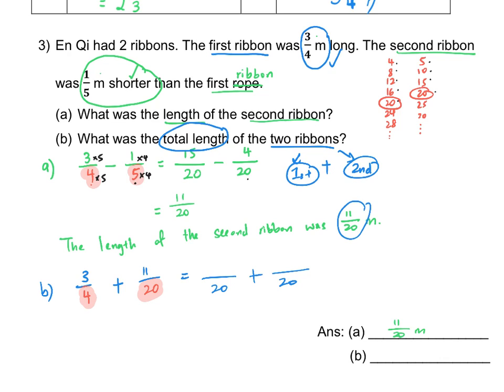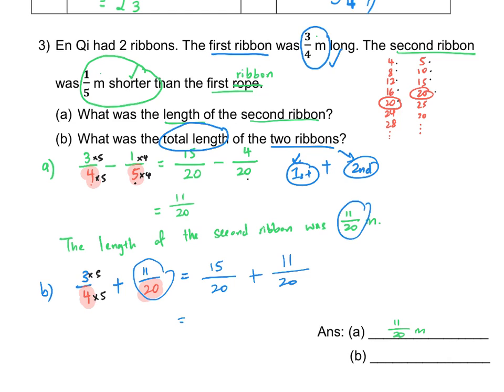Now we have done this to 4 before. From 4, how do we get 20? We times 5. 3 times 5 gives 15. So 15 twentieths plus, this fraction is already out of 20, so we let it stay 11 twentieths.